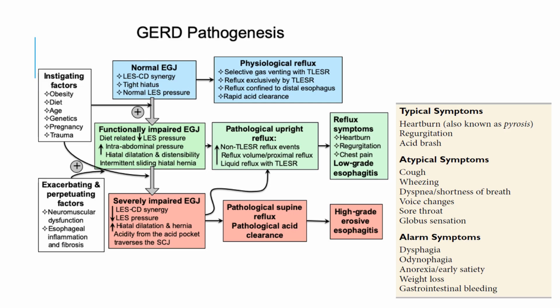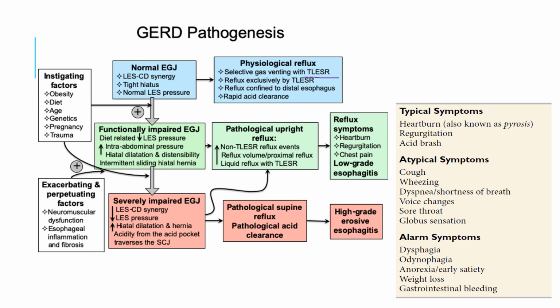Okay. Now, what happens in GERD? If you have to say in one word what happens in GERD, it is transient lower esophageal sphincter relaxation. The reflux is caused exclusively by this sphincter relaxation, and in that case it is confined to the distal esophagus.